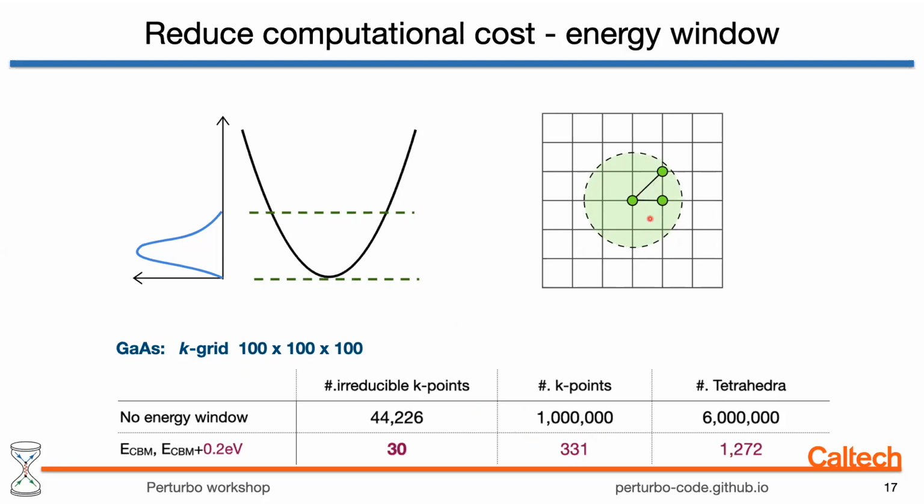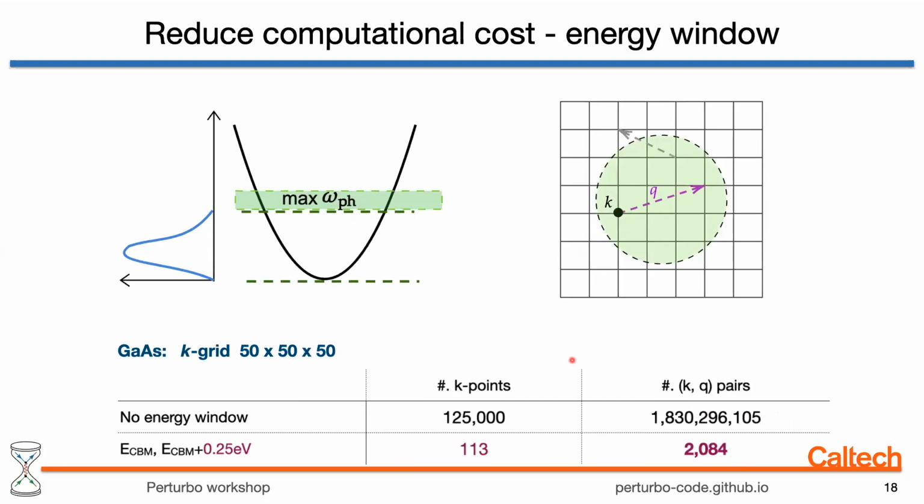If you then further reduce this using the irreducible K points, if you were to use the whole Brillouin zone without the energy window, you would have about 44,000 irreducible K points. But with the energy window, you're down to 30 K points in total. And similarly for the tetrahedron integration, this reduces it down from 6 million K points to about 1,300 K points.